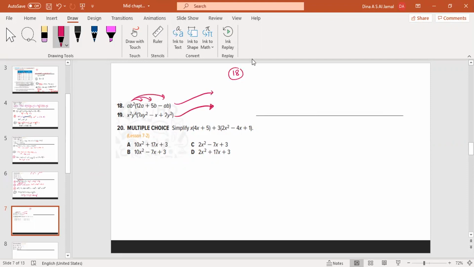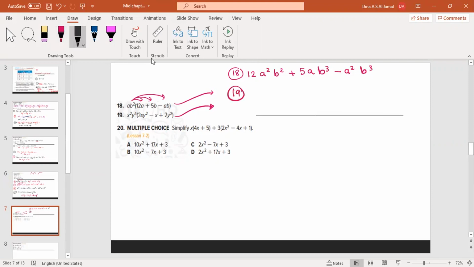So 18 will be 12a squared b squared plus 5a b cubed minus a squared b cubed. And now let's go to 19.